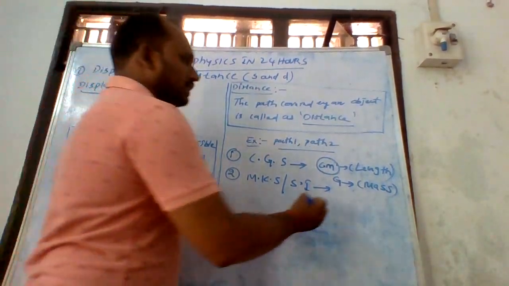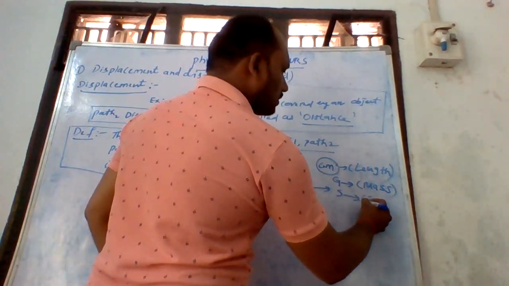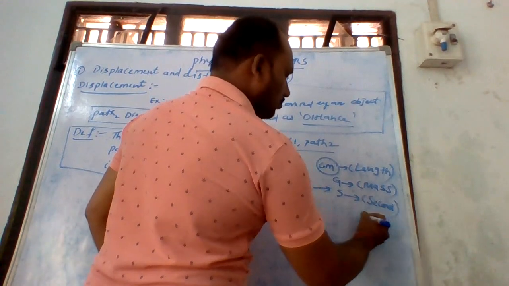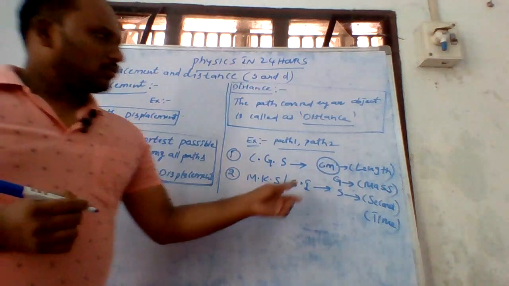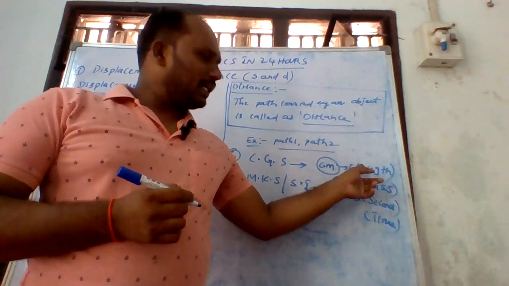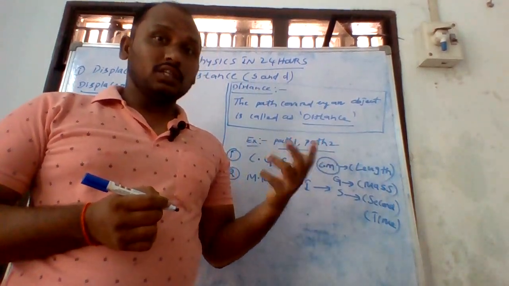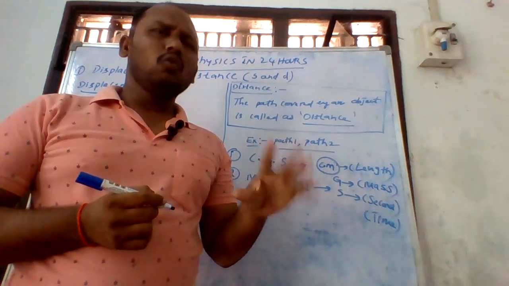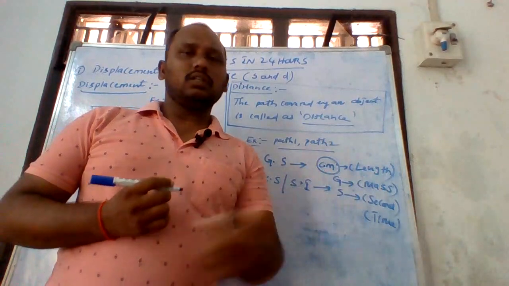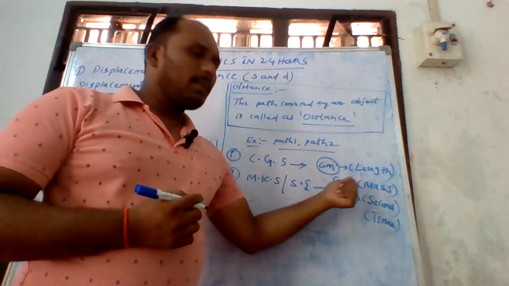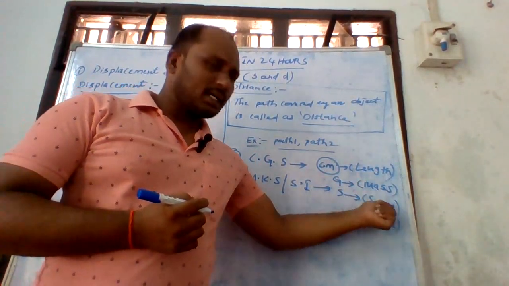S means second, and second is for time. So centimeter is the unit for length. It may be a distance, it may be a path coverage. The wording is different, but the meaning is the same. That is length only. In the same way, gram for mass and second for time.